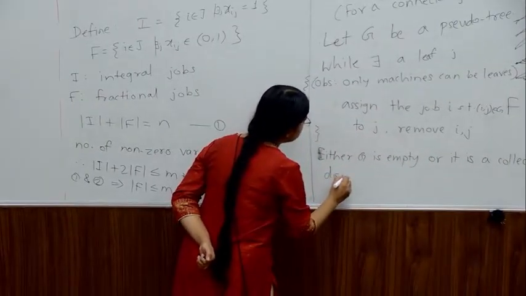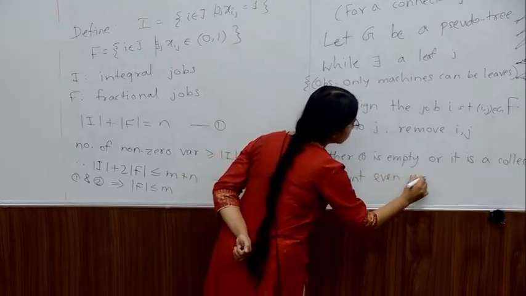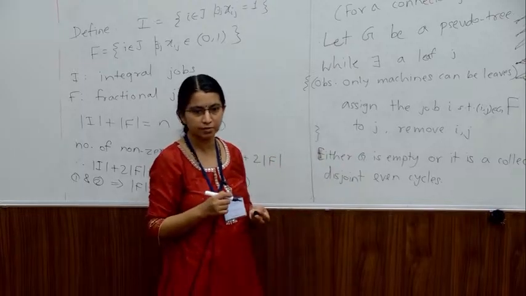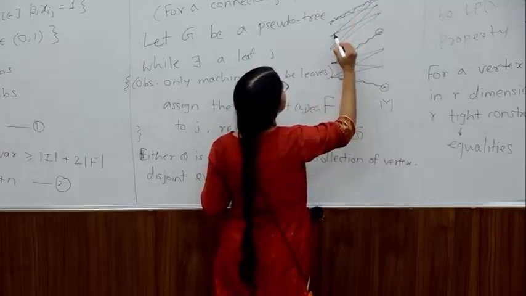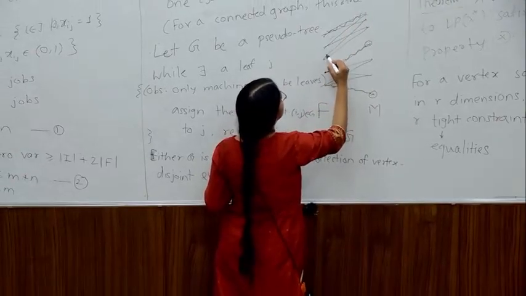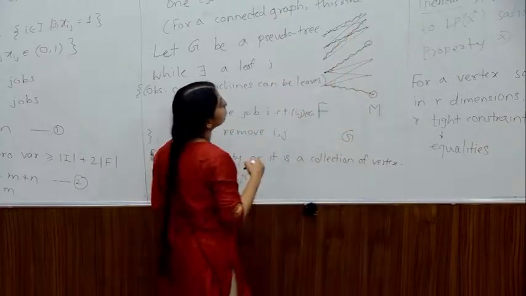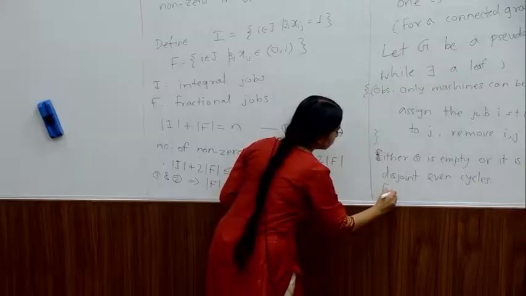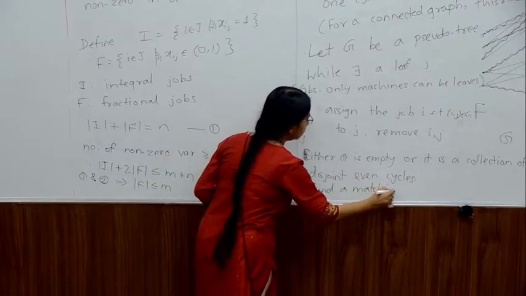And of course no odd cycle because it's a bipartite graph, so vertex disjoint even cycles. But in an even cycle one can always get a matching. Just take alternate edges and you will get a matching. Like this. Find a matching in each cycle by taking alternate edges.